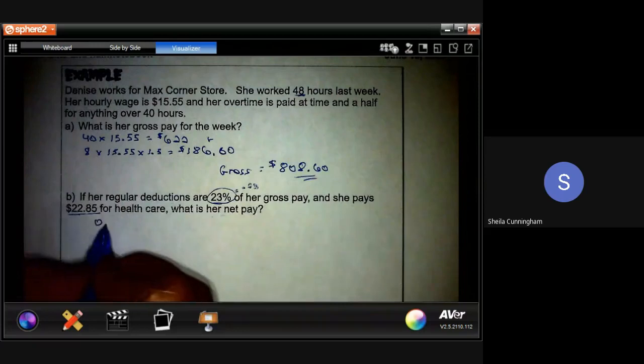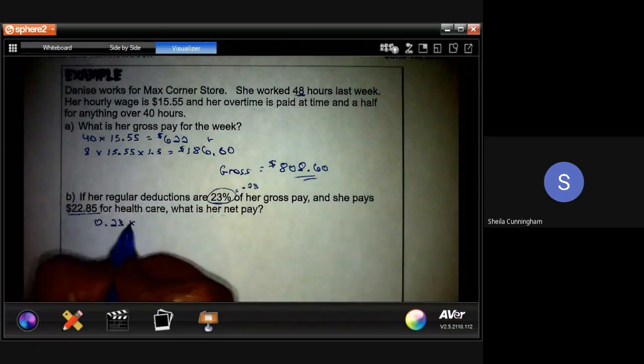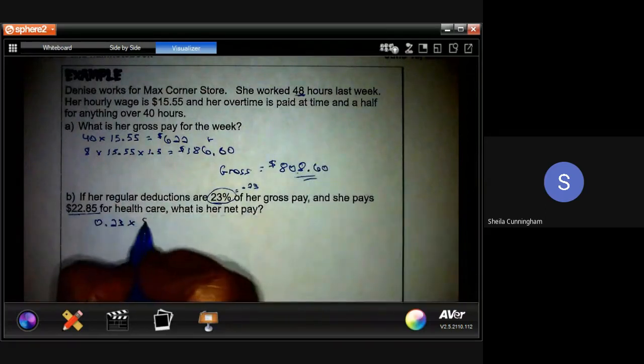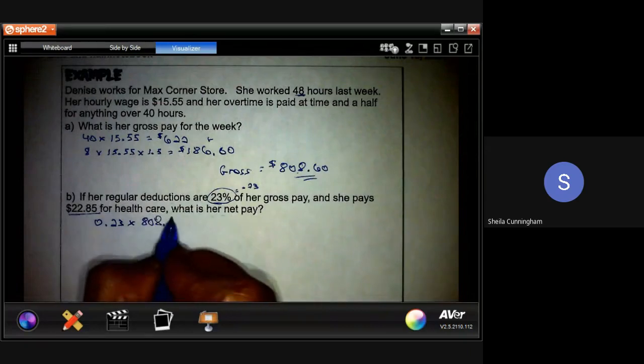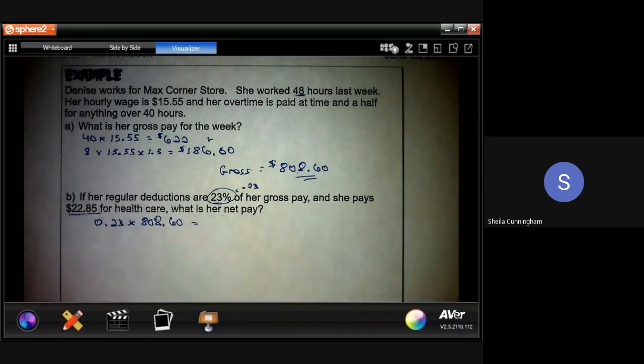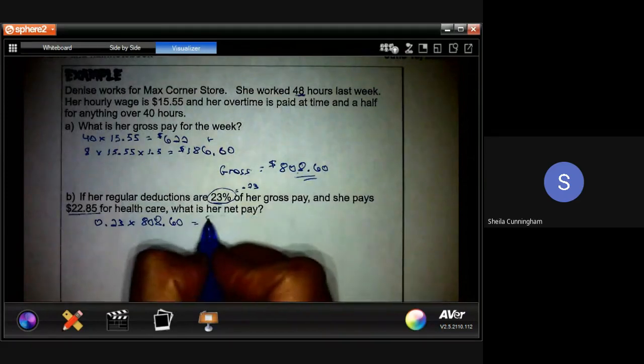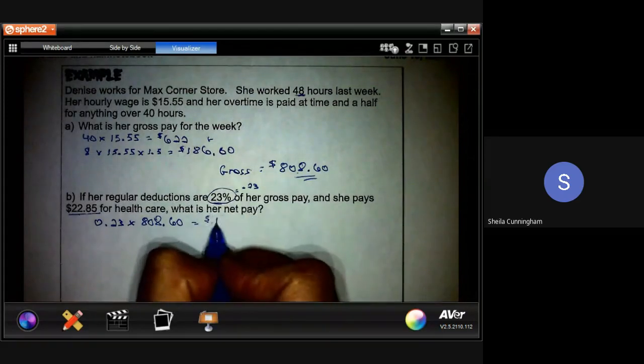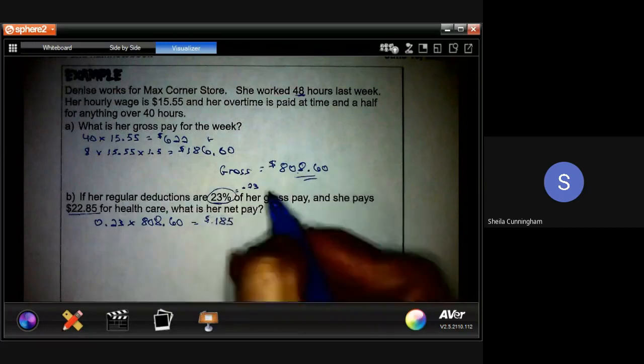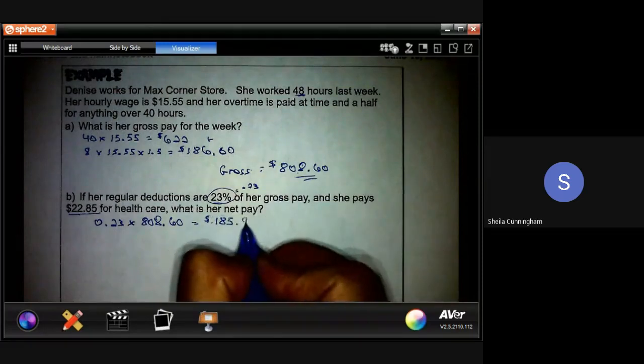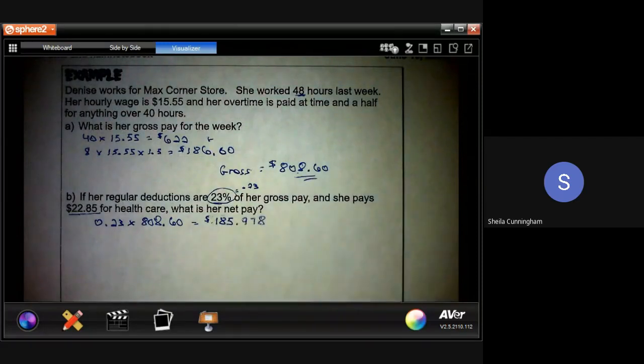So that means I'm going to take 0.23 of my gross earnings, which are $808.60. So those deductions, she is going to have this for a value.